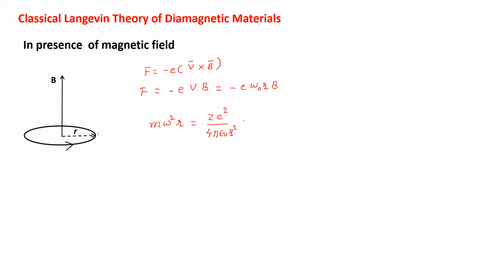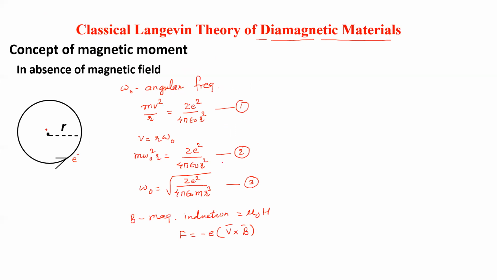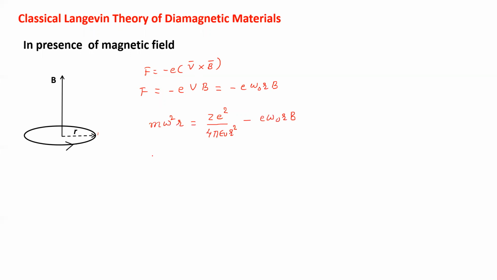This is the electrostatic force of attraction between the electron and nucleus, and the additional force will be minus e into omega 0 R into B. We have the value of Z e square divided by 4 pi epsilon 0 R square from equation 2, which we can write as m omega 0 square R, and therefore we can write this equation as m omega square R equal to m omega 0 square R minus e into omega into R into B.